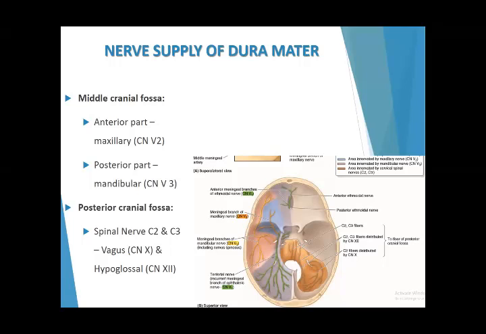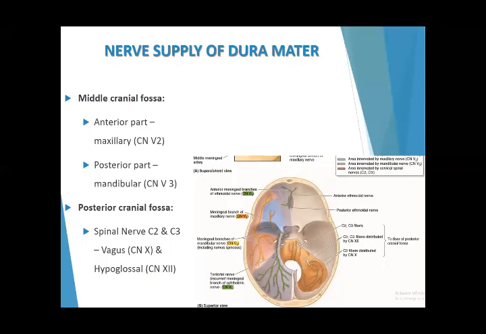अब posterior cranial fossa का जो ड्यूरा है, floor of the posterior cranial fossa की हम बात कर रहे हैं. This dura is not supplied by अभी तक trigeminal की branches से supply नहीं होता. So floor of the posterior cranial fossa is not supplied by branches of trigeminal.